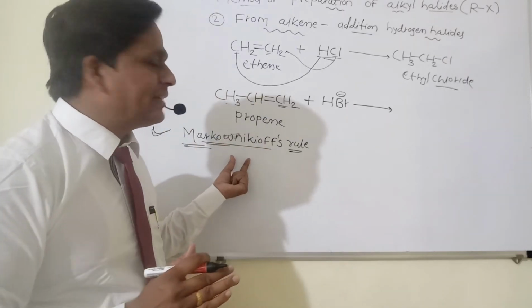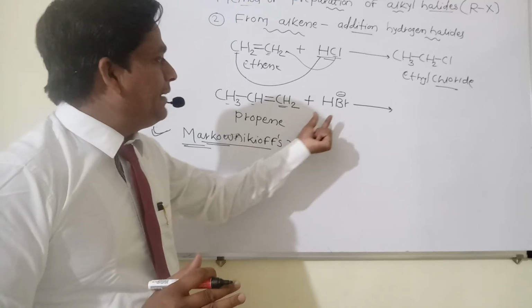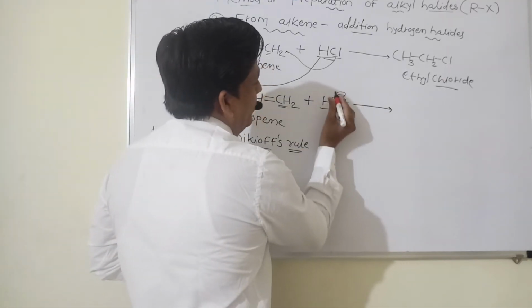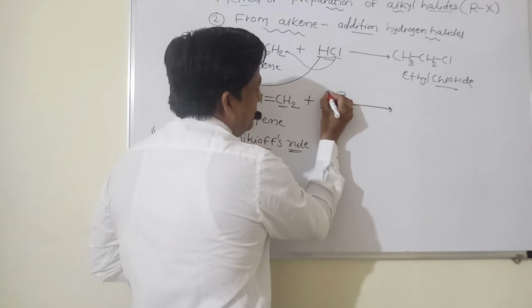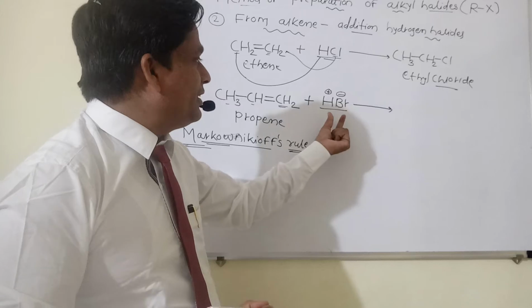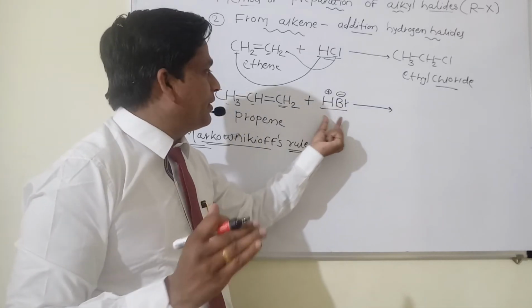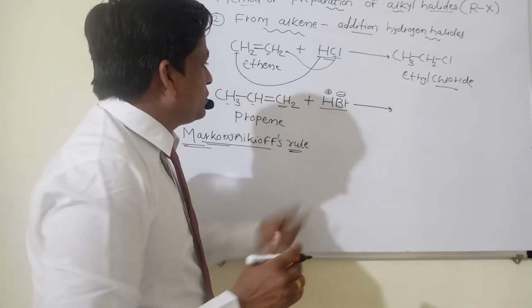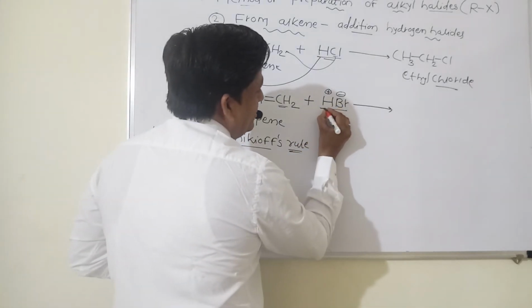The Markownikoff rule states that for any unsymmetrical reagent, for example HBr, hydrogen bromide, hydrogen has the positive charge and bromine has the negative charge. So this is an unsymmetrical reagent.